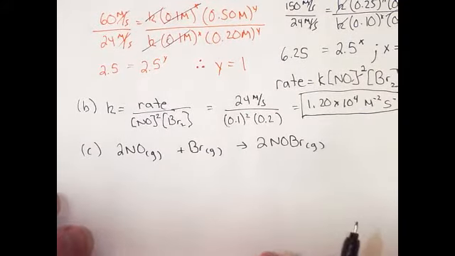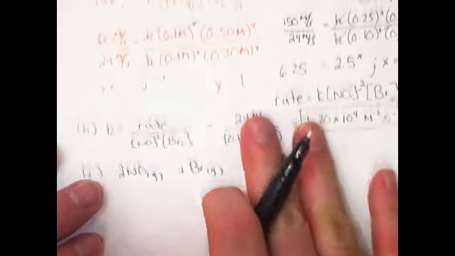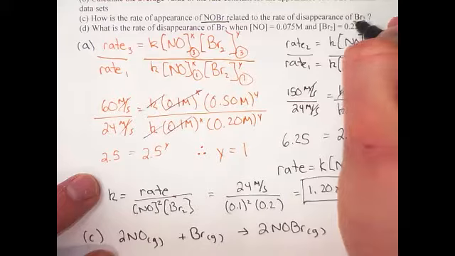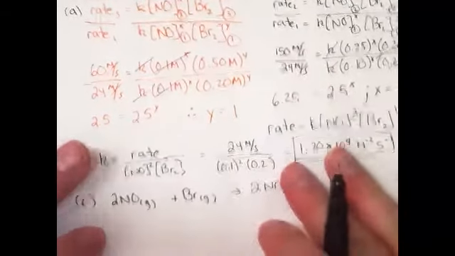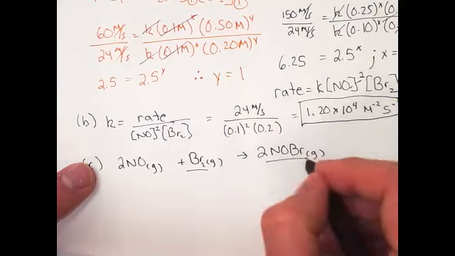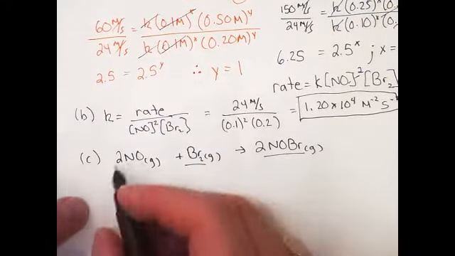Now it's asking how the appearance of NOBr is related to Br2. So we want those two.